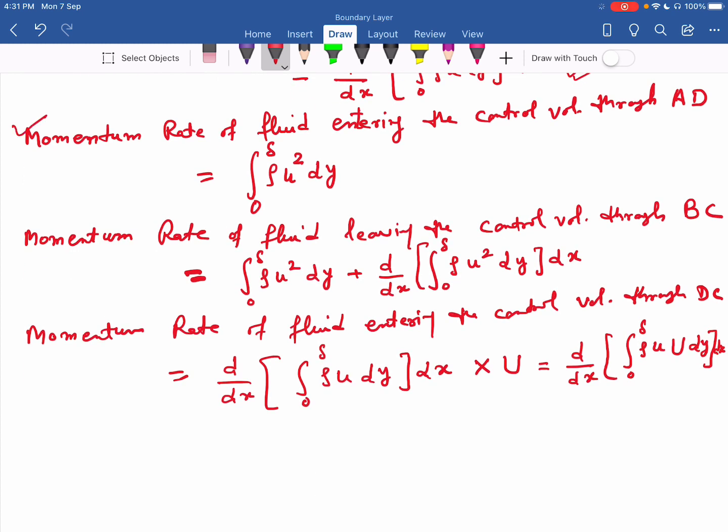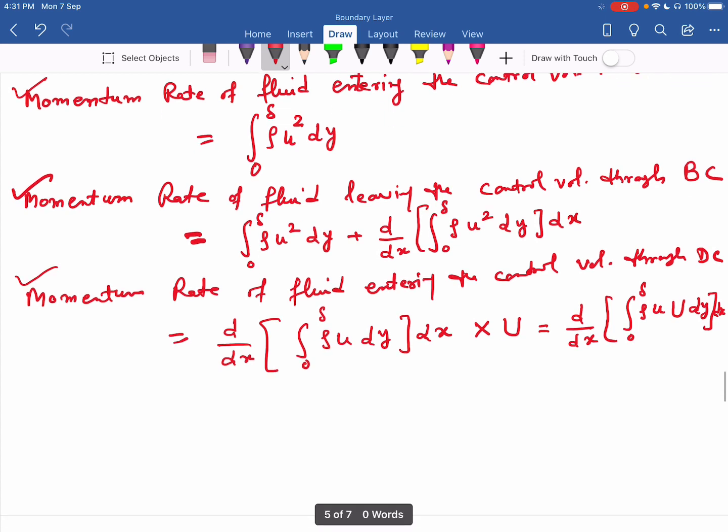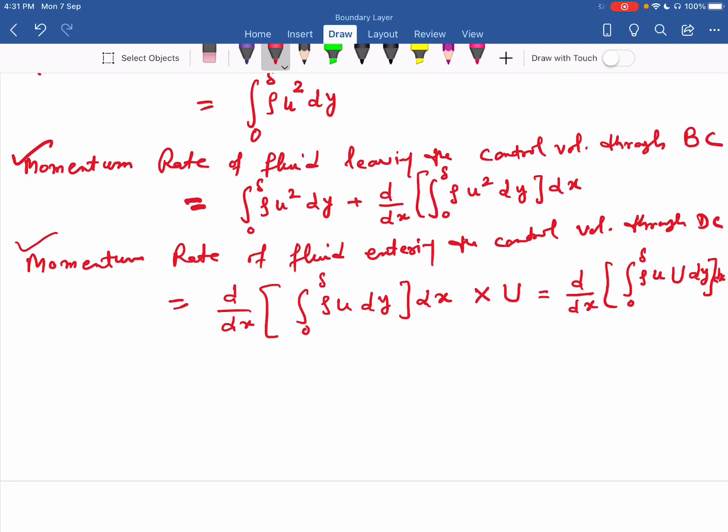So these are the momentum rates. Now in the next step I can write the rate of change of momentum of the control volume.